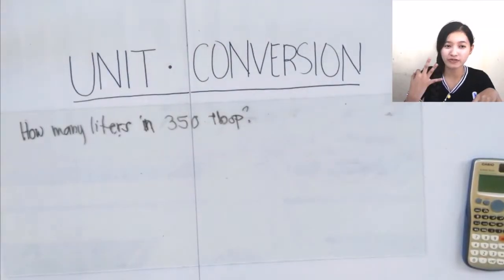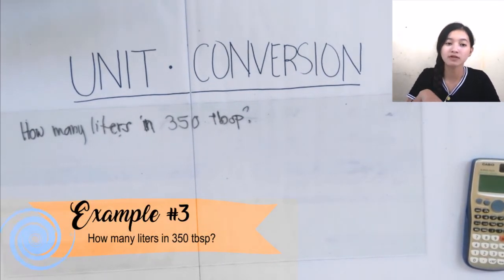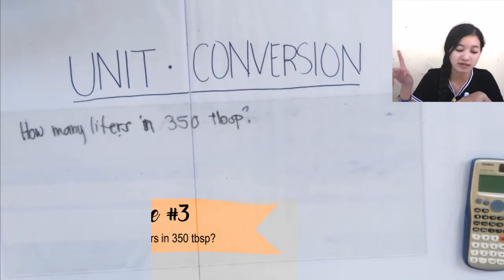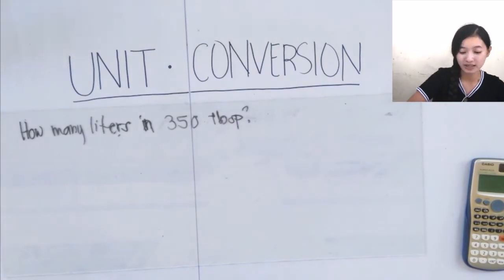Example number 3. How many liters in 350 tablespoons? So since there is no direct unit conversion from liters to tablespoons, we need to solve each conversion individually.